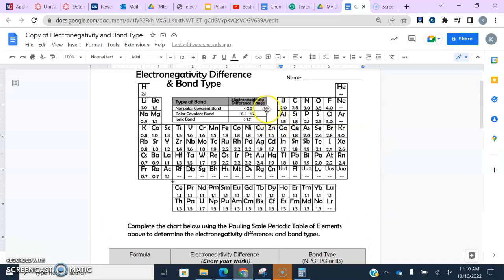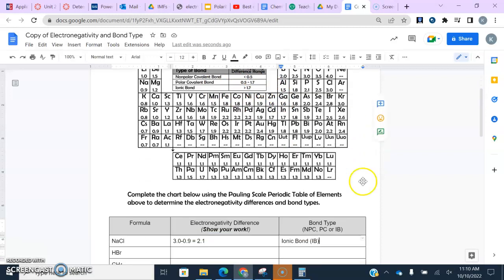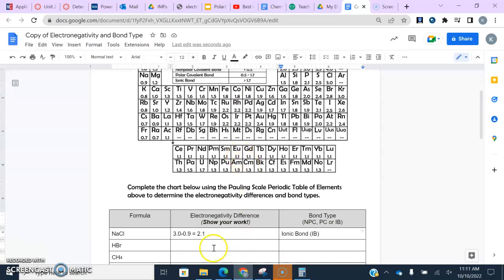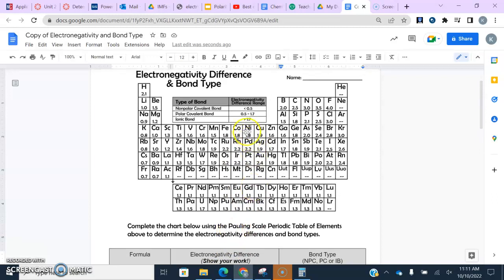So the way you read this chart, if this value right here is less than 0.5, it's nonpolar covalent. That means those electrons are being equally shared. Remember, that's going to be a symmetrical molecule. If the electronegativity difference falls between 0.5 and 1.7, it's going to be polar covalent.